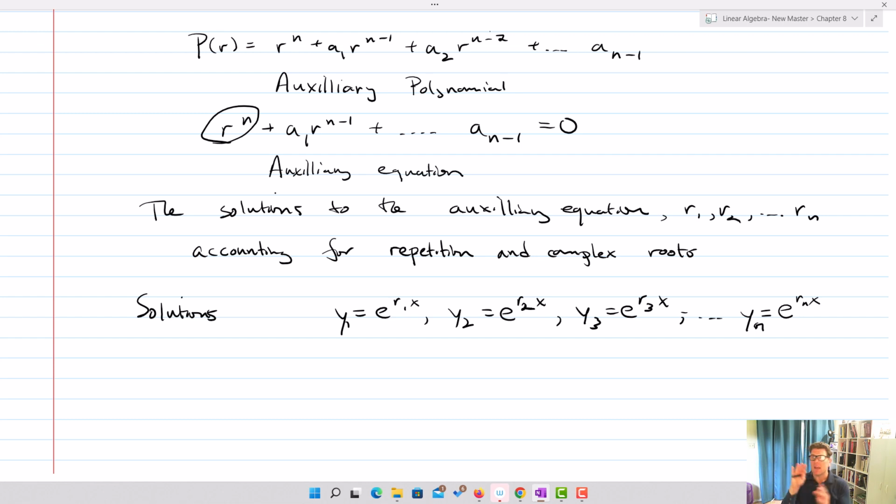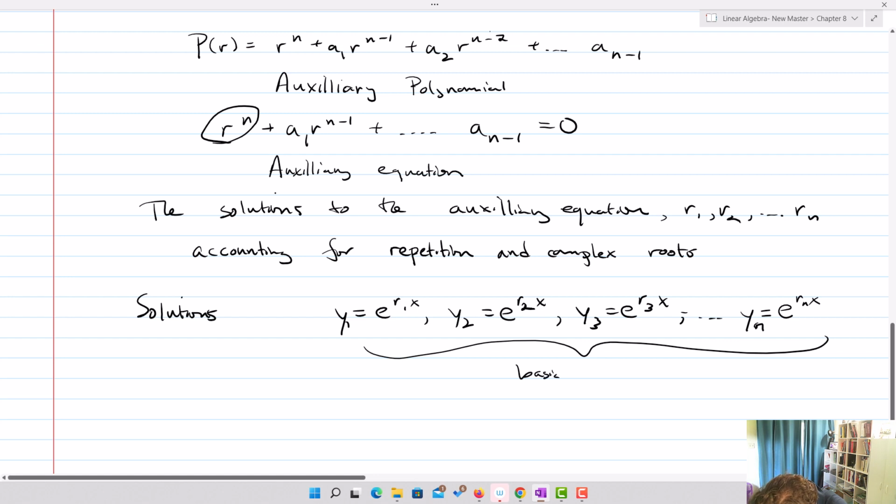Okay, now there might be repeated roots, and they actually change up a little bit. They might also be complex, because a polynomial could possibly have complex solutions, and we'll look at what those look like as well. But pretty much, and this is not entirely the case, they're basically going to be of this form. Okay, and those are going to end up being our solutions.